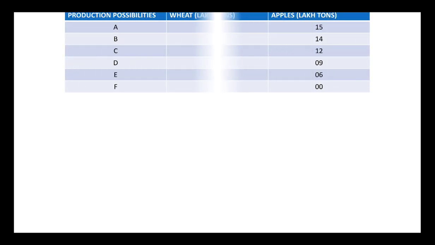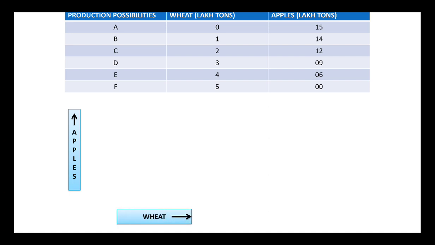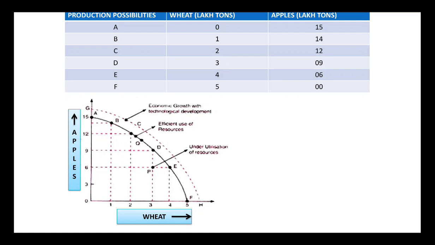Okay, so now just a conclusion to the entire exercise. We are taking this PPC curve and we have two goods with us, let's say wheat and apples. So just an outline of this PPC. Any point on the PPC, beta, will always represent full employment of resources, or you can say the efficient use of resources, right? Any point inside the PPC will always signify underutilization of resources, and any point which is outside the PPC could be attainable or unattainable.